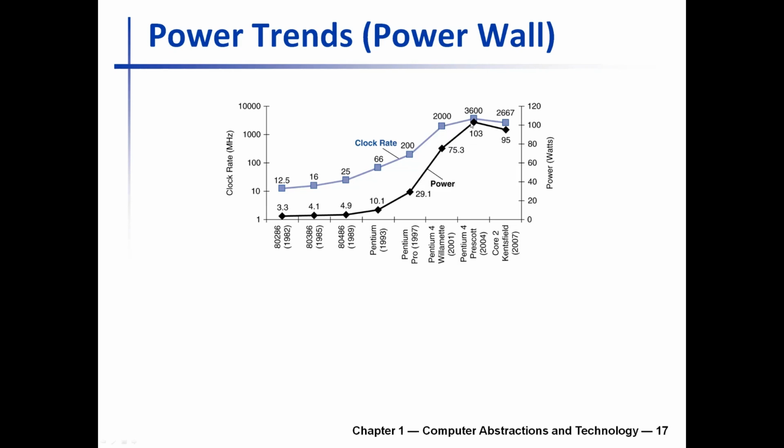So at around the Pentium 4 era, we required even more than 100 watts per chip, right? The Pentium 4 Prescott architecture, that chip required more than 100 watts to operate. So what's the issue here now?